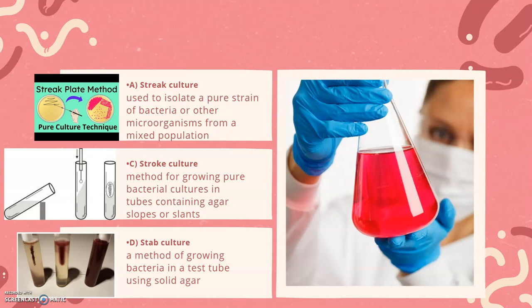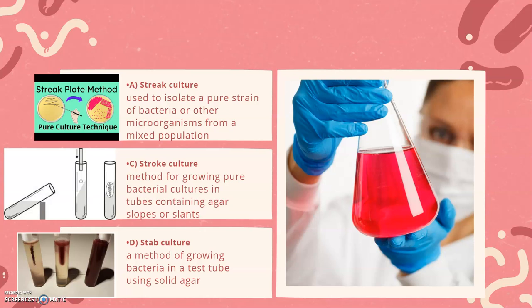So it is streak plate method. It is used for isolation, streak culture. And stalk culture is culturing the organism as a zigzag line. So it is used for pure bacterial cultures. In test tubes, we use stalk culture.